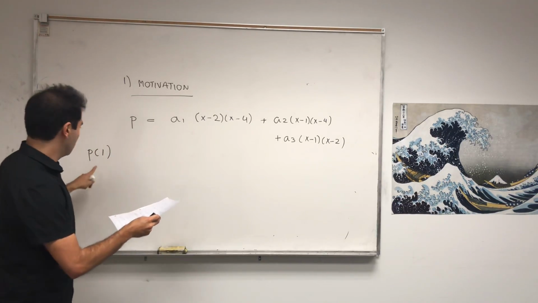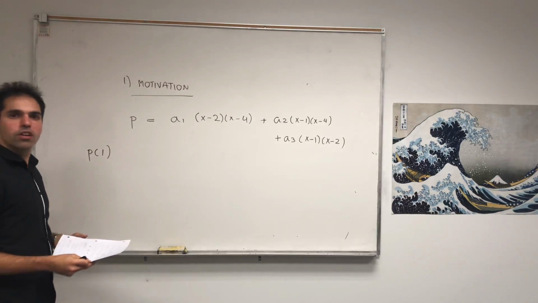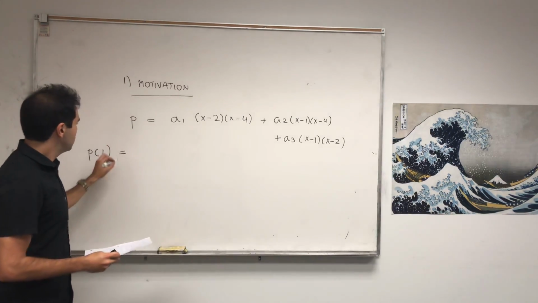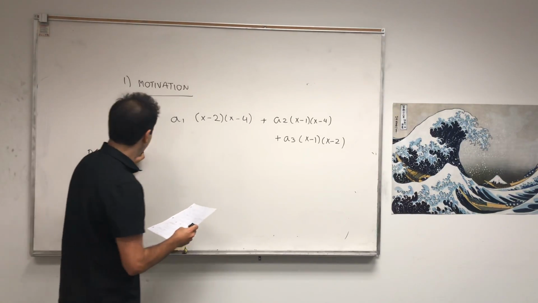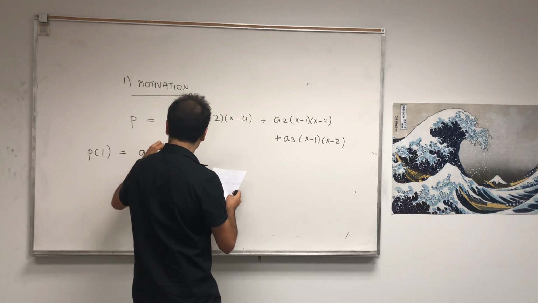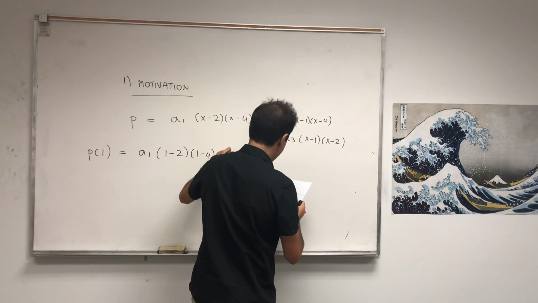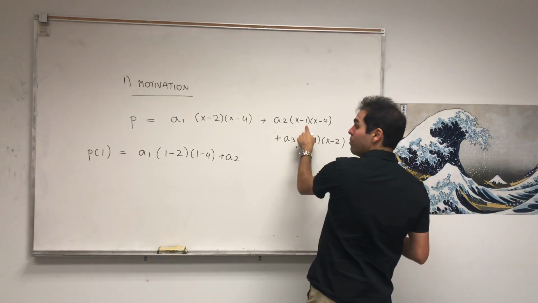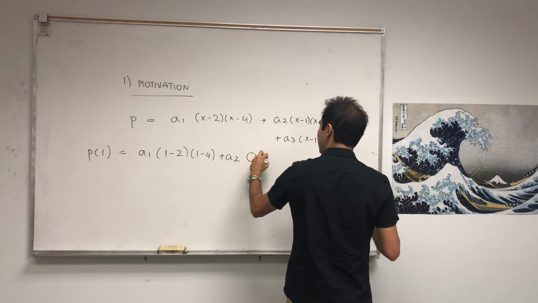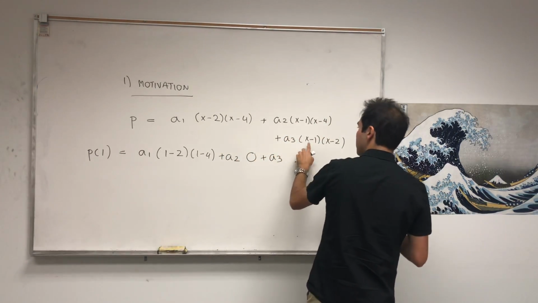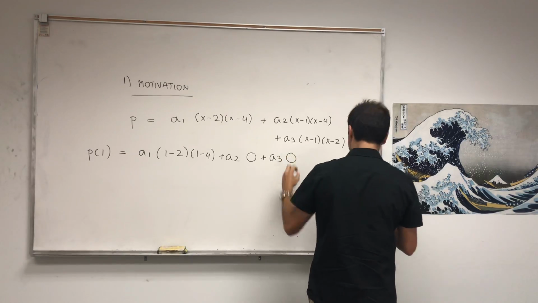remember what you want. You want P of 1 to be one of your values. So if you evaluate that, then we get a1 times (1 minus 2)(1 minus 4), plus a2 times (1 minus 1), which is 0, and a3 times (1 minus 1), which is 0.